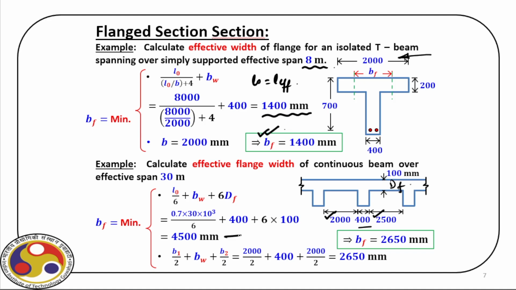Now, this is 4,500 millimeter, and then the other condition, which is here, gives us 2,650 millimeter. So the minimum of these two is the effective flange width, which is 2,650 millimeter.